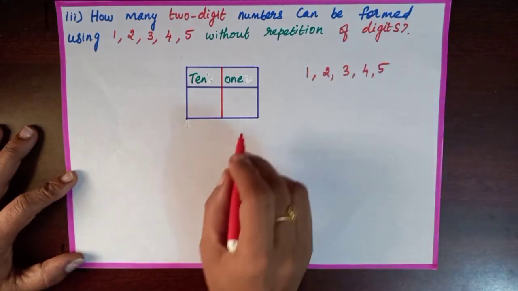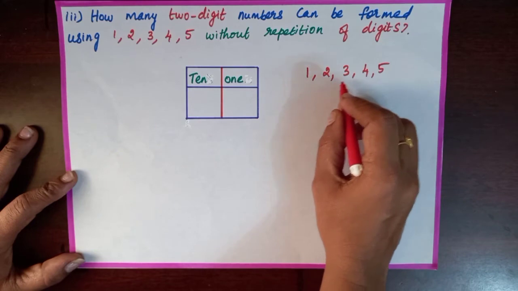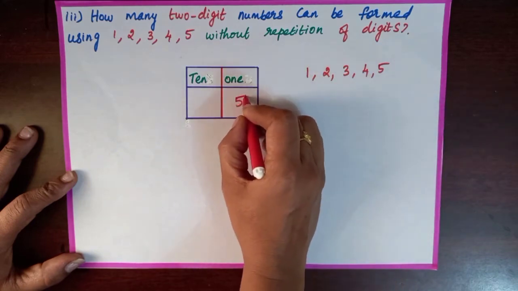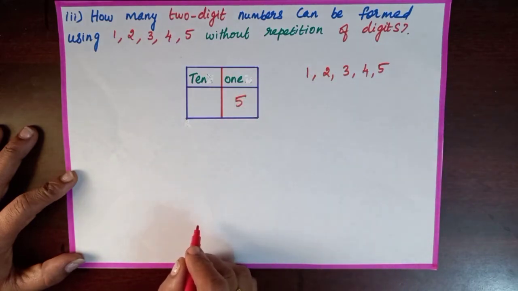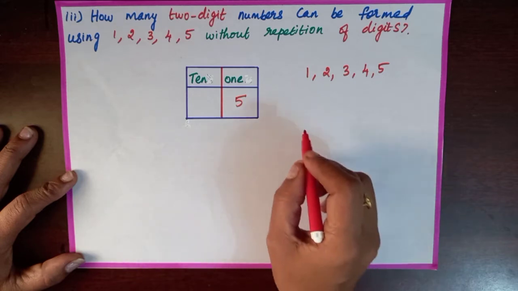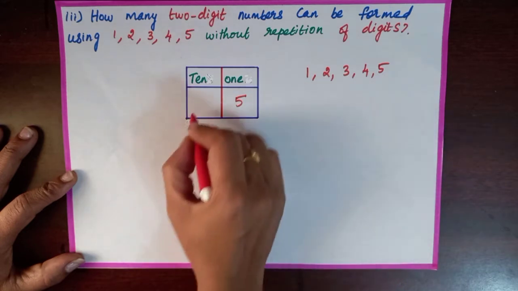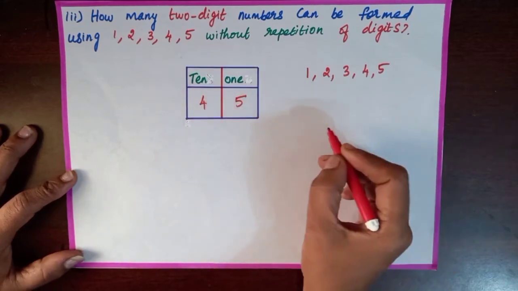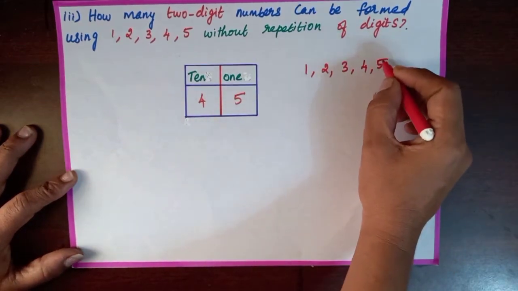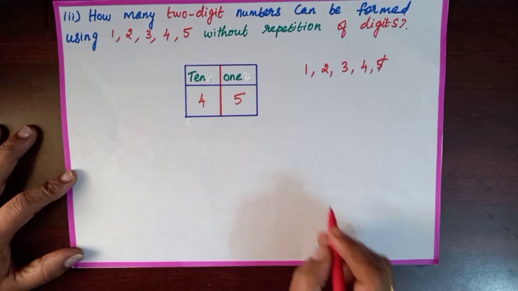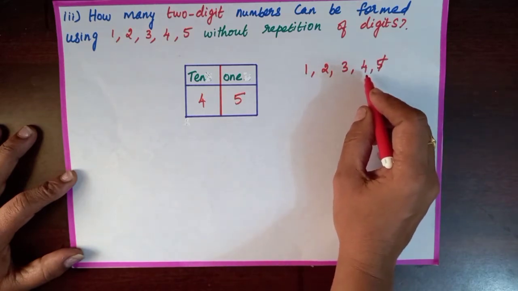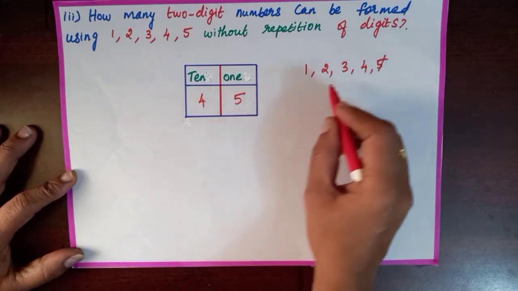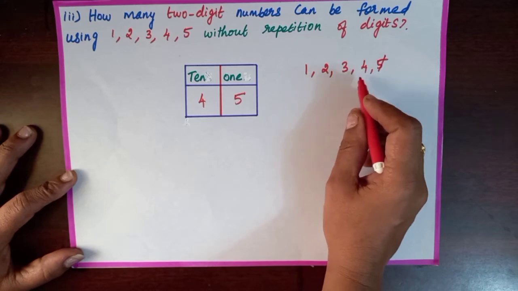So, the ones place can be filled up in 5 ways. The tens place can be filled by any one of the remaining 4 digits in 4 different ways. For example, if in the ones place I have selected the number 5, then I have the remaining 4 digits. So, the tens place can be filled in 4 ways.